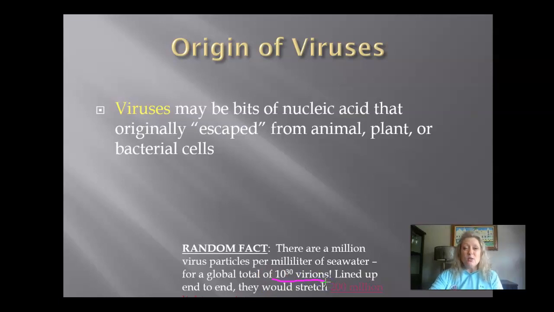And if you lined all those bad boys up, I think the bottom part is cut off here, but it's 200 million light years into space, all the viruses strung together that are just in the ocean, which is kind of crazy, I think. All right, let's keep going here.